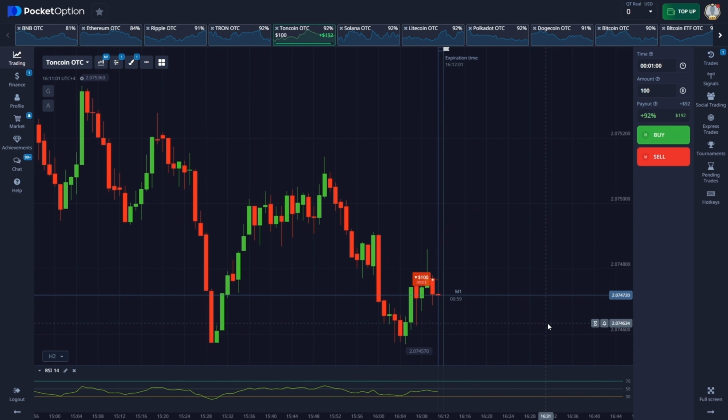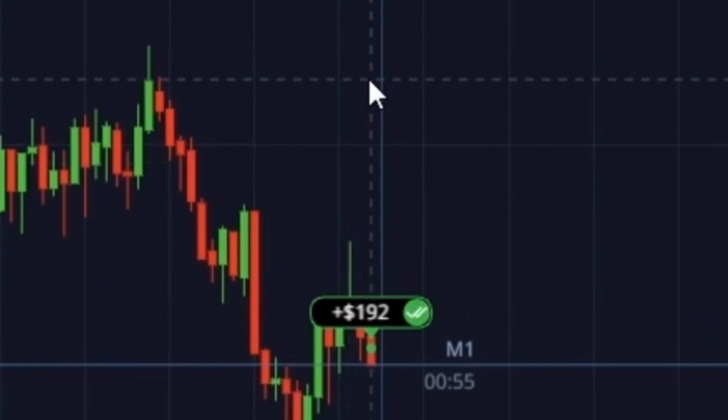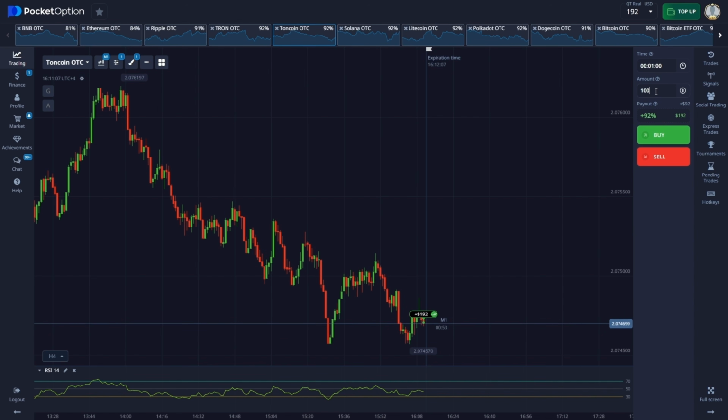Only a few seconds left, and I won my first trade of this compounding session.